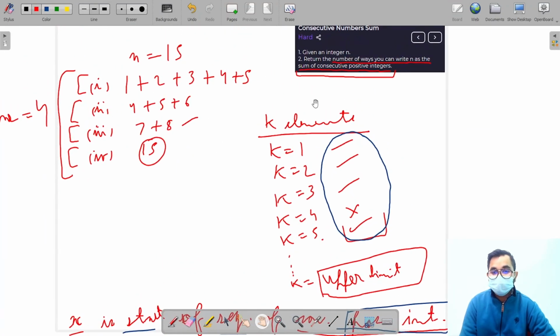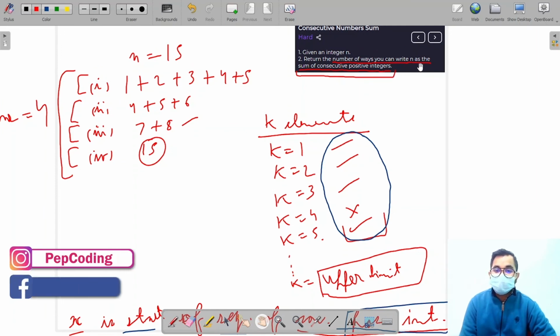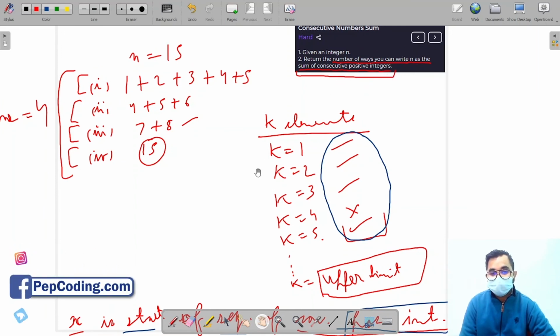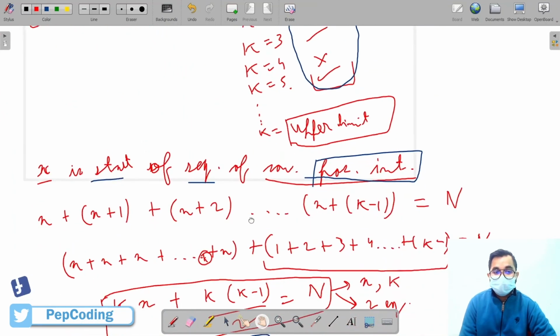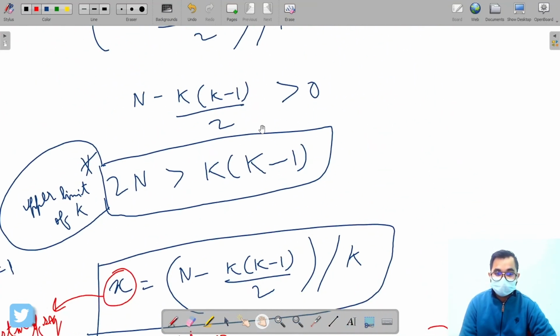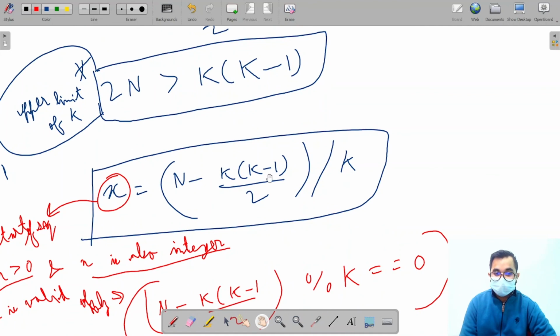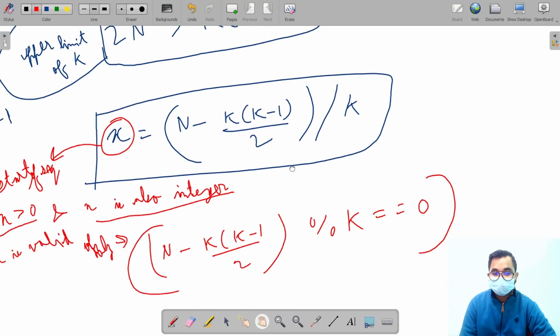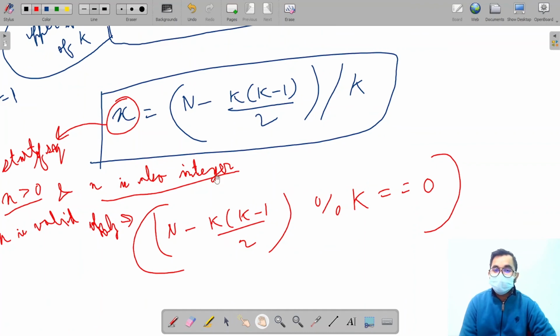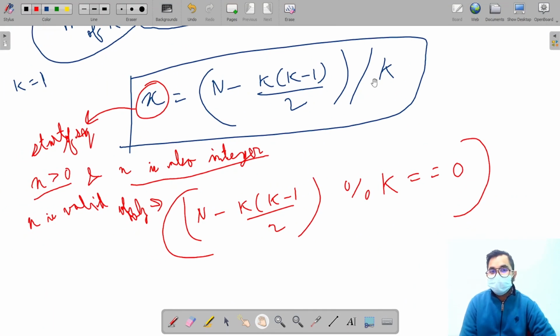But as we were told to only find the number of ways for which we can write n as the sum of consecutive positive integers, we didn't use this equation x equal to n minus k into k minus 1 divided by 2, whole divided by k. But if we were told to do so, we could easily do that because we already have the equation.